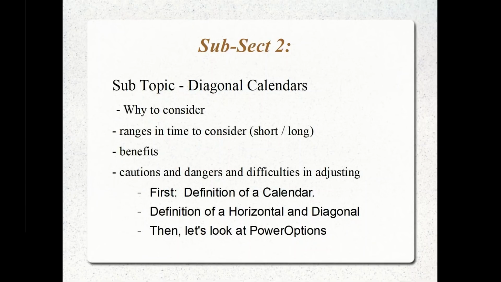But first, again, the definition of a calendar, as I mentioned, any combination of using two calls or two puts, or sometimes two calls and two puts, what's called a double diagonal or a double calendar, where you're selling one typically near term and you're buying one further out in time. Now, a horizontal spread, or what some people just refer to as a calendar, but really it's a horizontal calendar, is when the options have the same strike.